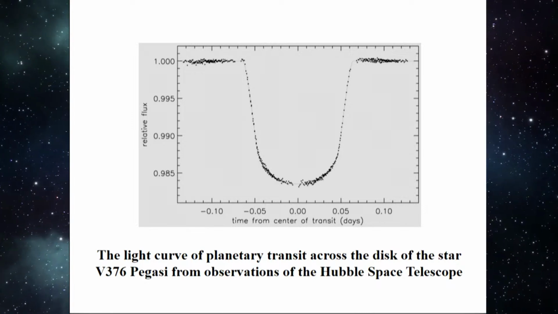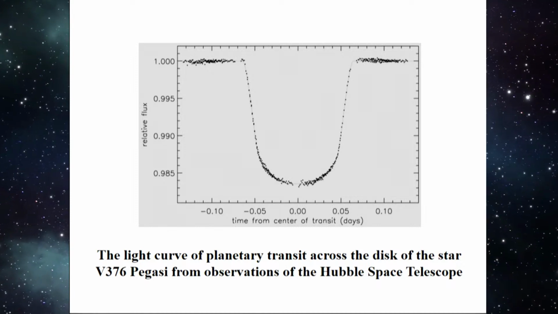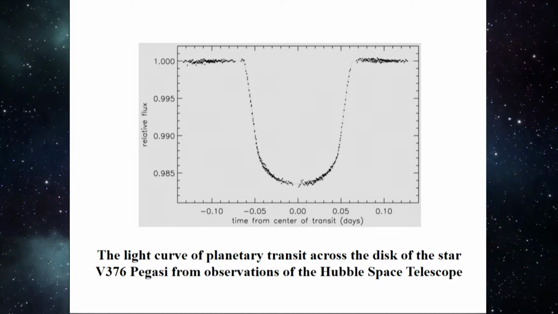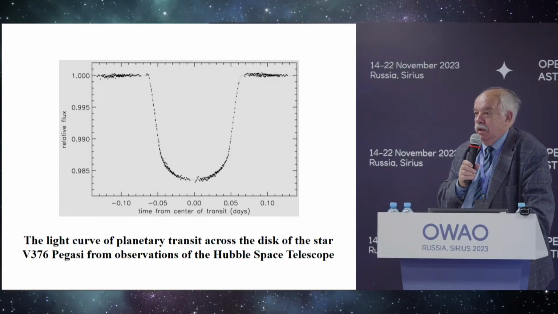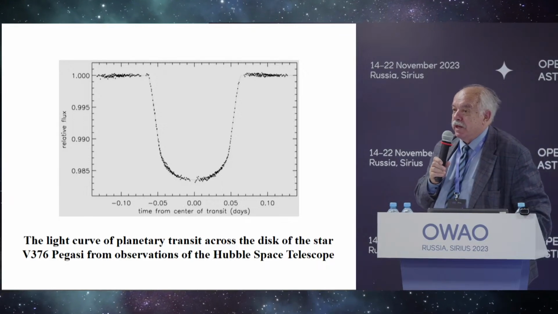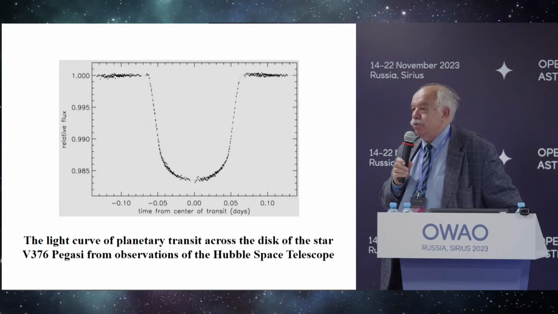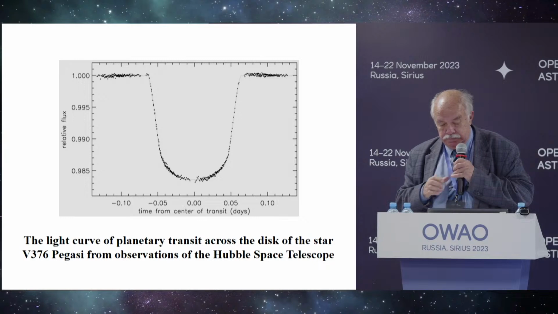It's easily detectable with small telescopes. But with the space telescopes, we have excellent light curve showing the limb darkening in fine detail. And it has been shown that the theory of limb darkening should be considerably improved. The observations now say that the theory is not good.